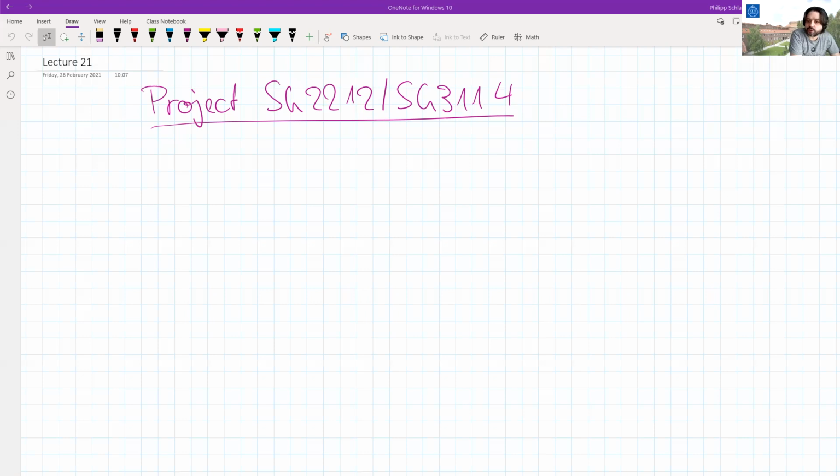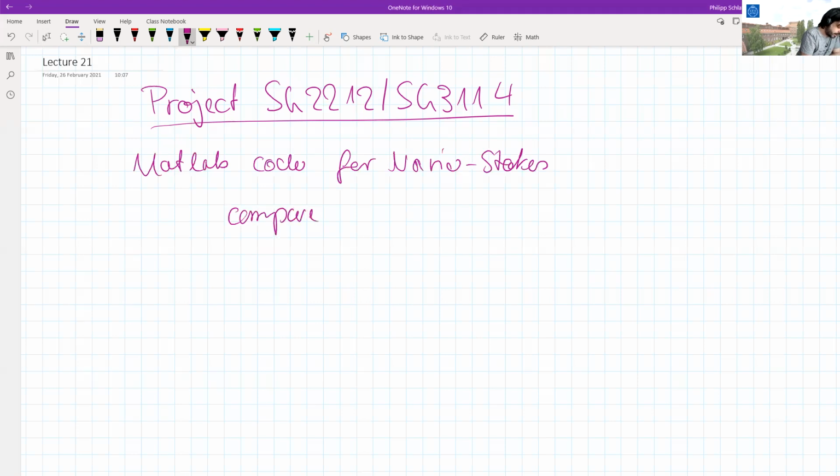I would also like to mention that what we're looking at is both a MATLAB code for Navier-Stokes, but also we will compare that to an OpenFOAM run of exactly the same flow case.